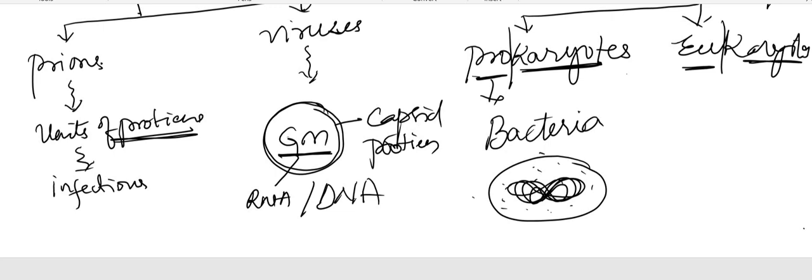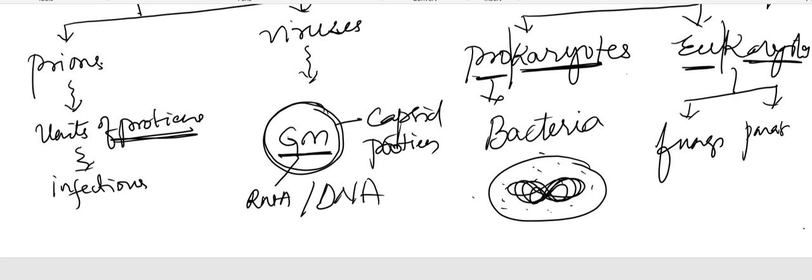Now in the eukaryotes, there are many categories. Mainly here I would like to refer to, in case of microbiology, the fungi and the parasites. Further, the classification of fungi and parasites we will discuss one by one when we go into each chapter.